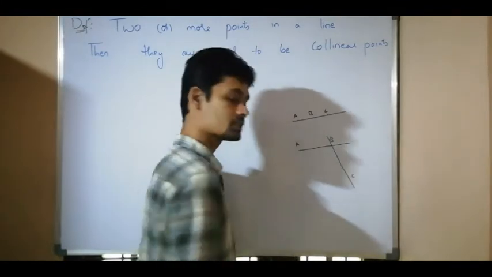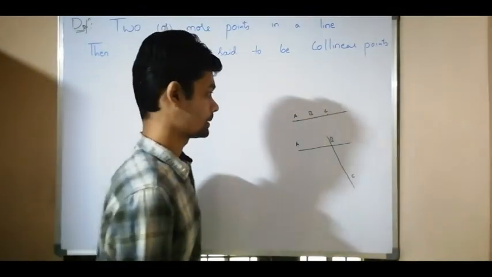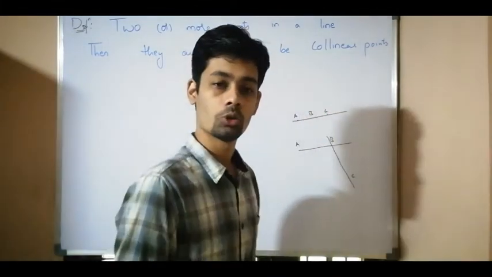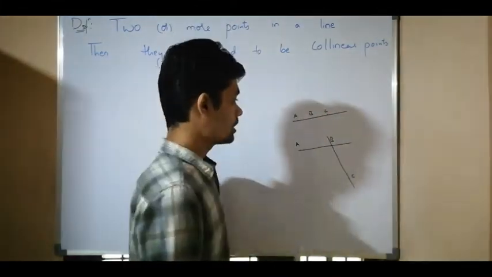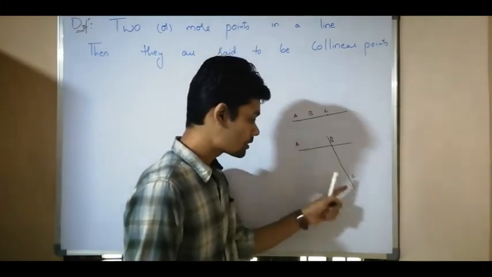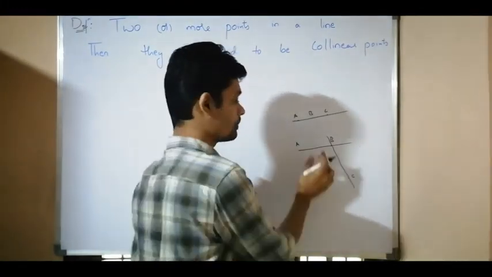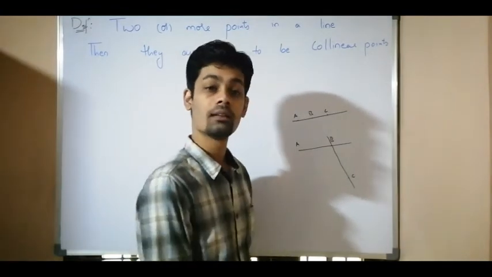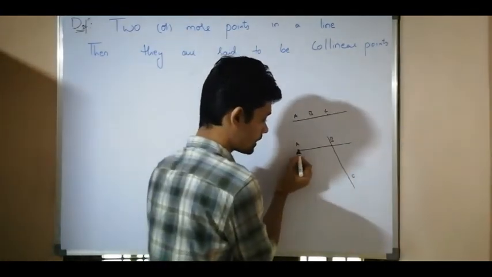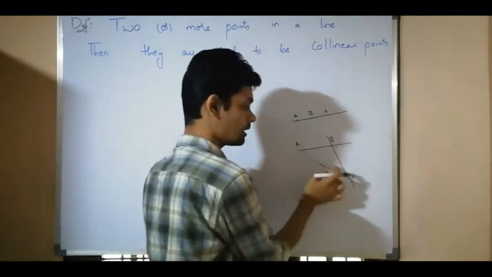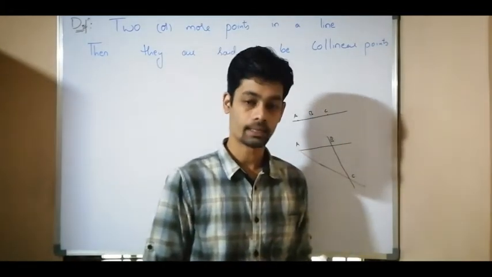All the 3 points do not lie on a same line. If the 3 points lie on a same line, then the points are said to be collinear points. If the points do not lie on a same line, then they are not collinear. If the points are not collinear, then they will form a triangle.